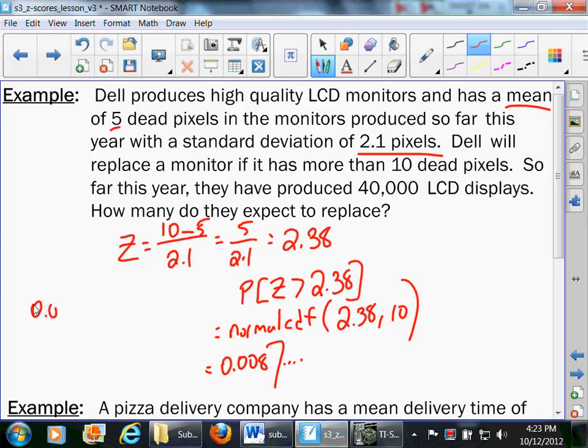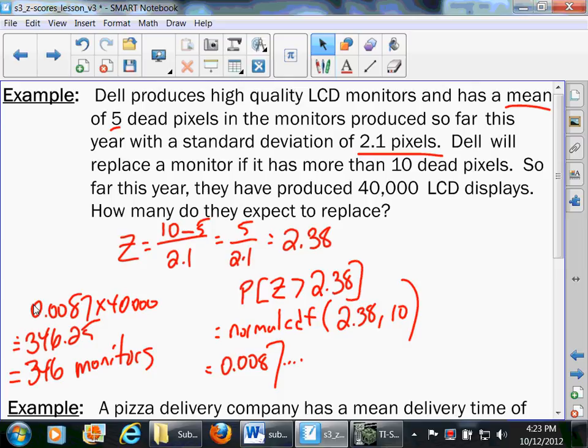So 0.0087 times 40,000 is about 346.25. We'll say it's 346 monitors. So Dell should expect to replace about 346 monitors of the 40,000 that they produce.